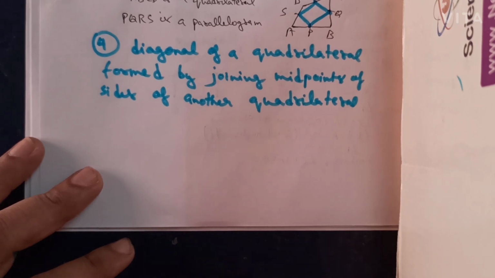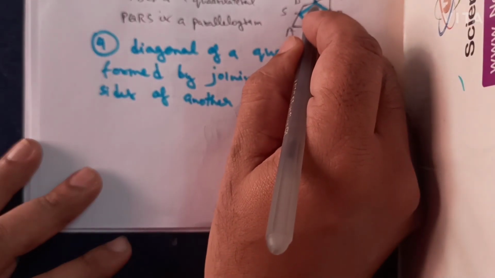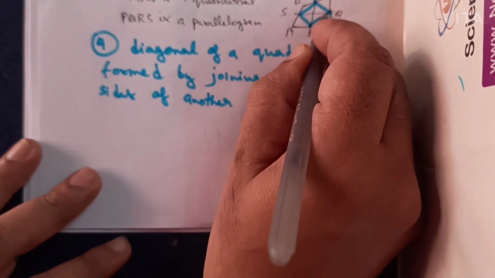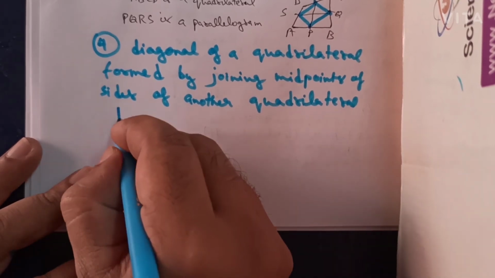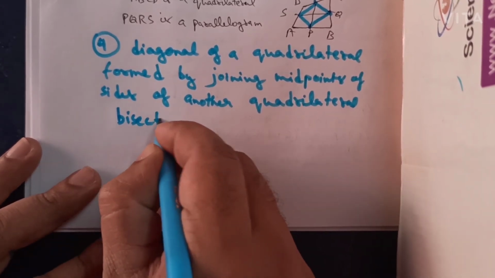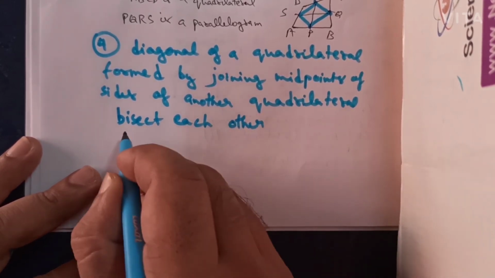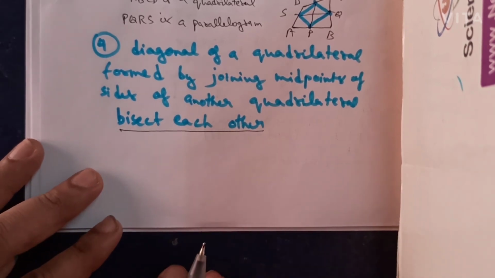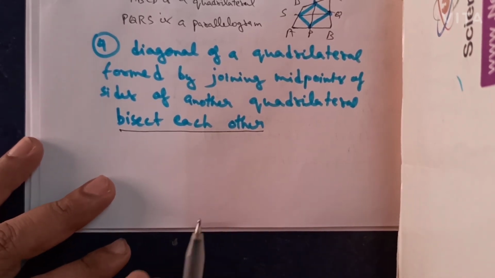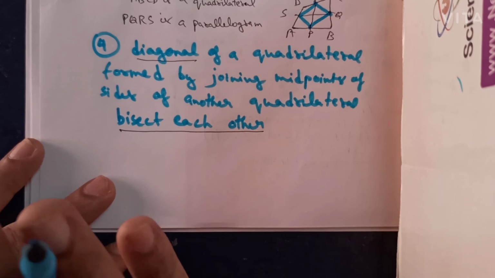So if we join the diagonals of this parallelogram, they will bisect each other. Diagonals of a parallelogram bisect each other. This is the property of a parallelogram. So since we know that a quadrilateral formed by joining the midpoints of another quadrilateral is a parallelogram, we can say that the diagonals of this quadrilateral will bisect each other.